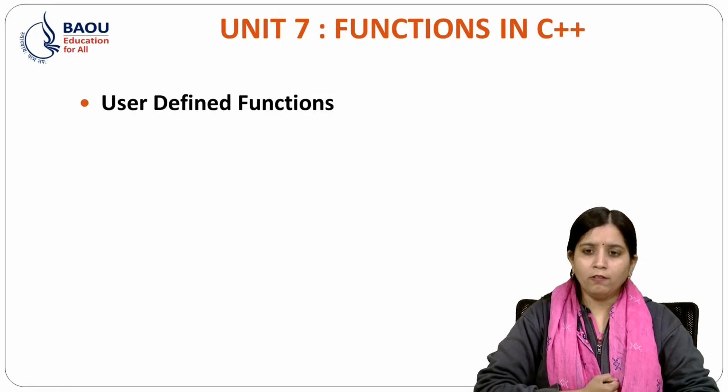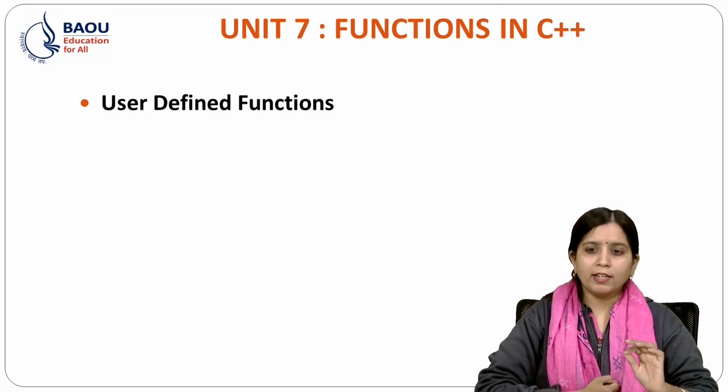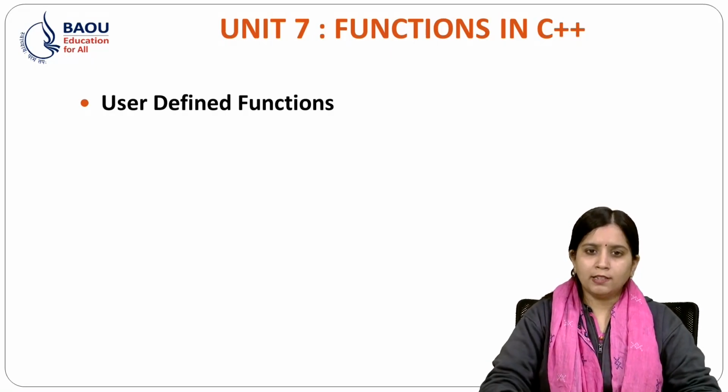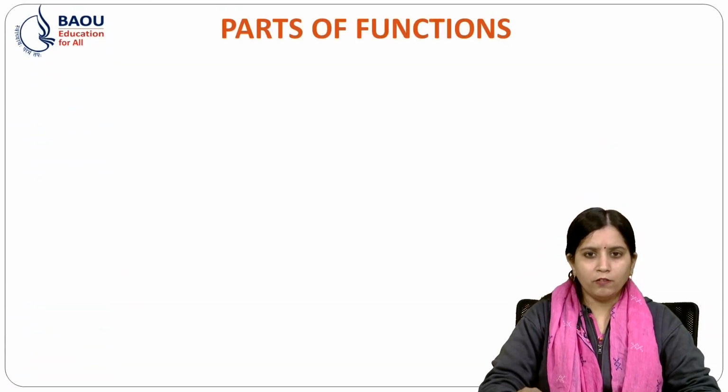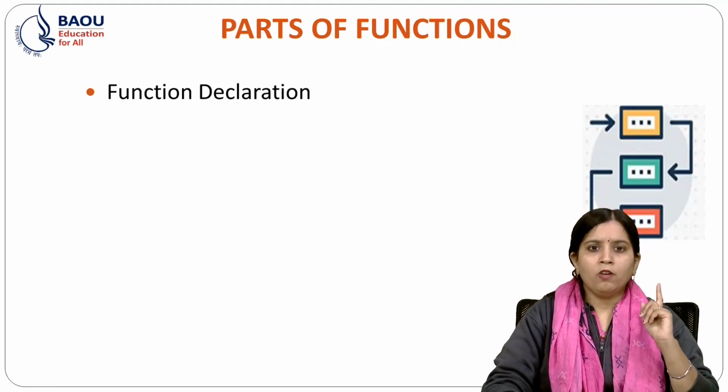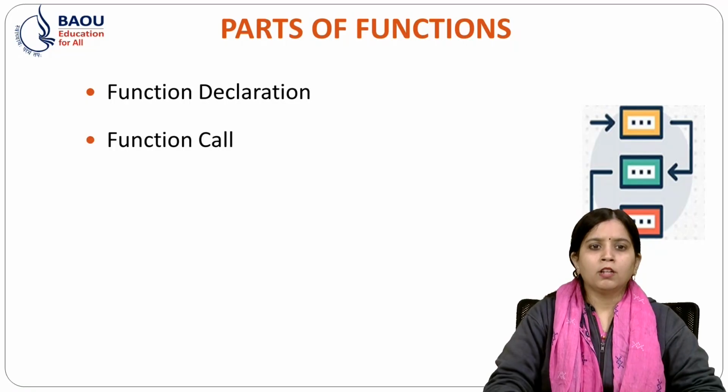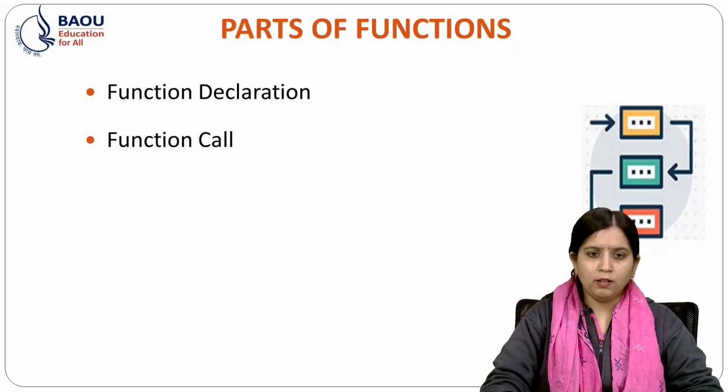So far you know what is a user-defined function. A user-defined function is a function which has been made by the user for a specific program. In a user-defined function, we have three parts. First is function declaration or function prototype. Second is function call.